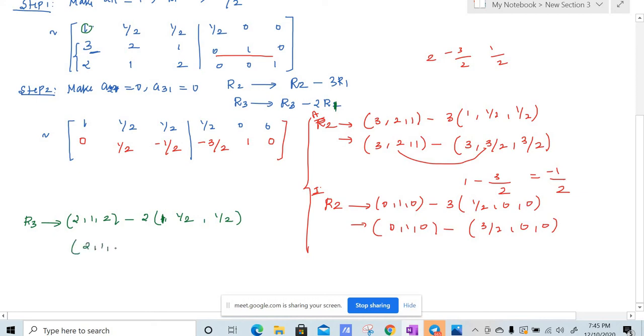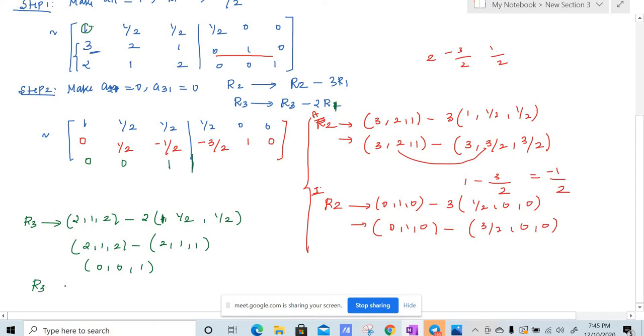So this will be 2 1 2 minus 2 1 1. When you multiply 2 here, we will have 2 by 2, 2 by 2. So when you subtract, this will be 2 minus 2 is 0, 1 minus 1 is 0, and 2 minus 1 is 1. So this will be 0 0 1, and again you need to apply here also.